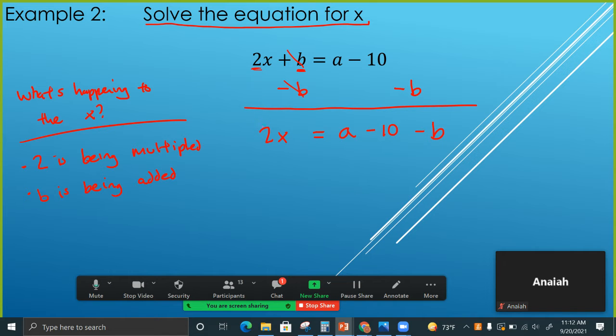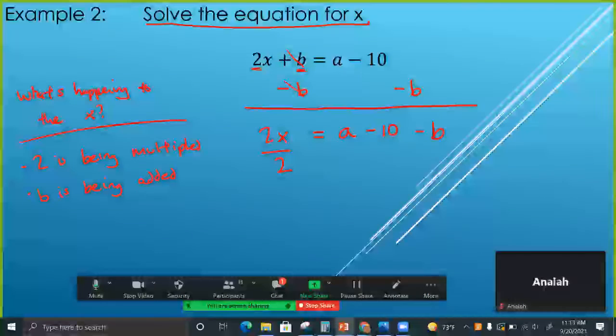What should we do next? We have to undo times 2. So I'm going to do divided by 2 because that's the opposite of times 2. And if I do it to the left, I've got to do it to the right. We want to do it to both sides. So this can be tricky, but pay attention. The whole right side is being divided by 2.